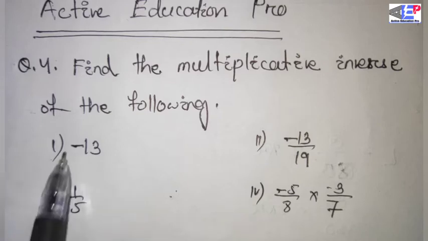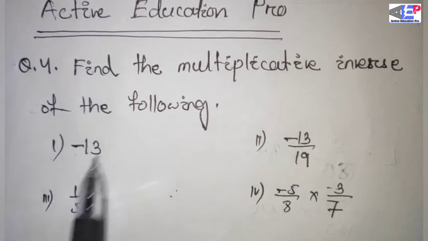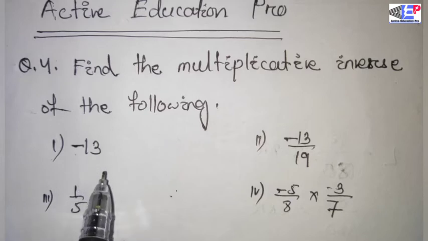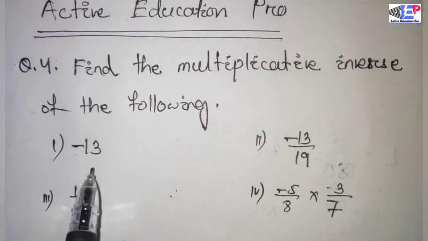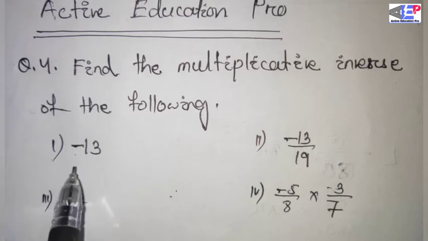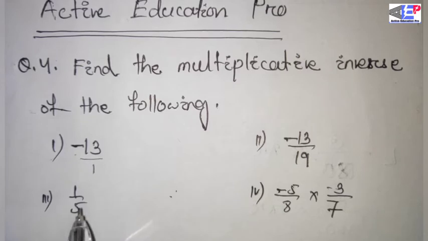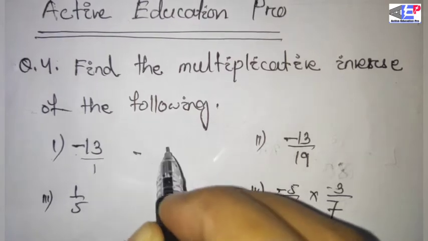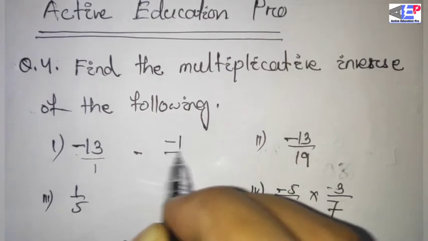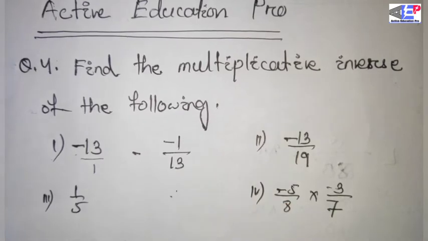Here minus 13 is a negative integer. It is not in p by q form, but yes, it has 1 as its denominator. So we need not change its sign, just change the position of numerator and denominator. The multiplicative inverse of minus 13 will become minus 1 by 13.